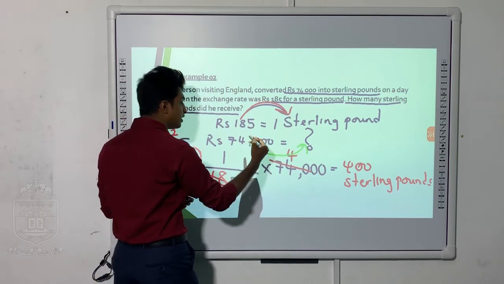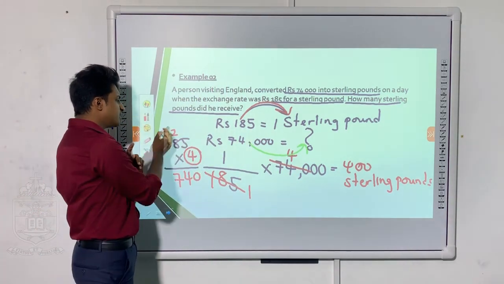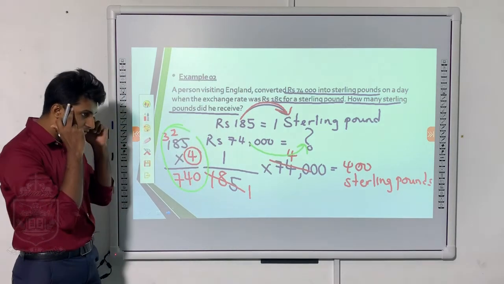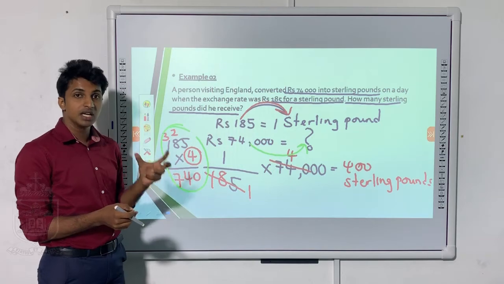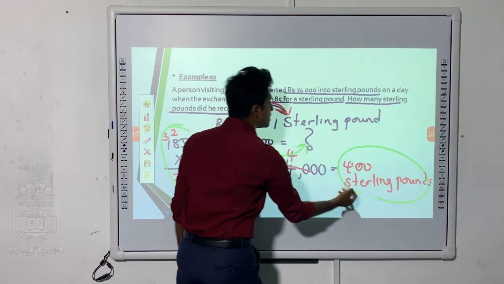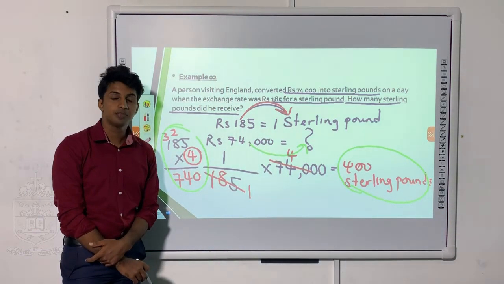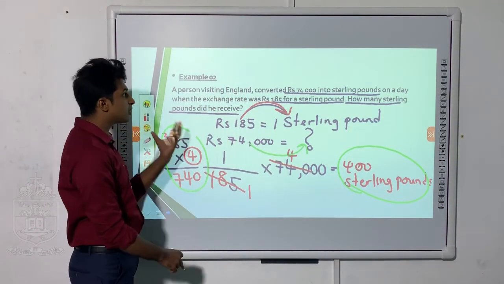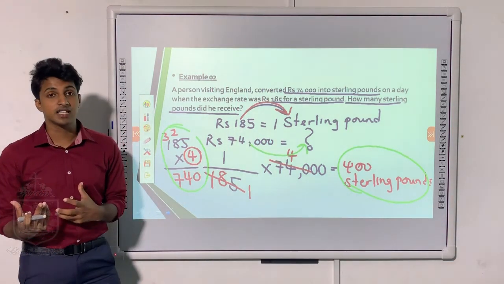So I have divided 74,000 by 185. You have to just take a value, do not go to long division methods, use the short division method, get the answer, and then for 74,000 I am going to receive 400 sterling pounds. That is what we consider under foreign currency or under exchange rate.